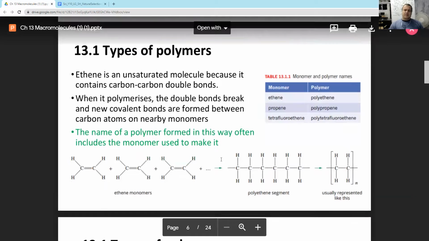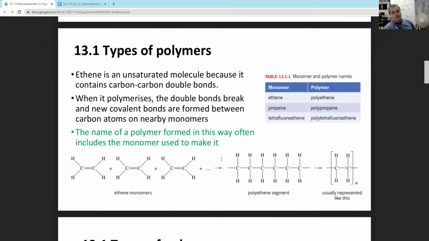All right, so shock horror, ethene becomes polyethylene, propene becomes polypropene, tetrafluoroethene becomes polytetrafluoroethene.